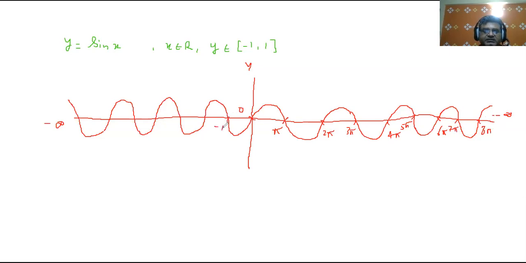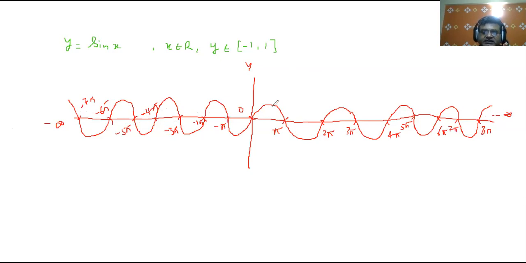Likewise, here it is minus pi, minus 2 pi, minus 3 pi, minus 4 pi, minus 5 pi, minus 6 pi, minus 7 pi. It goes up to infinity on one side and minus infinity on the other.